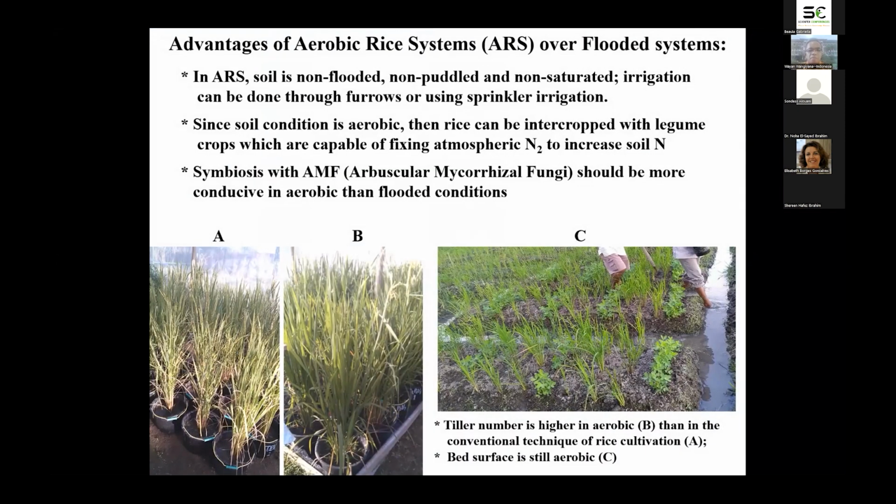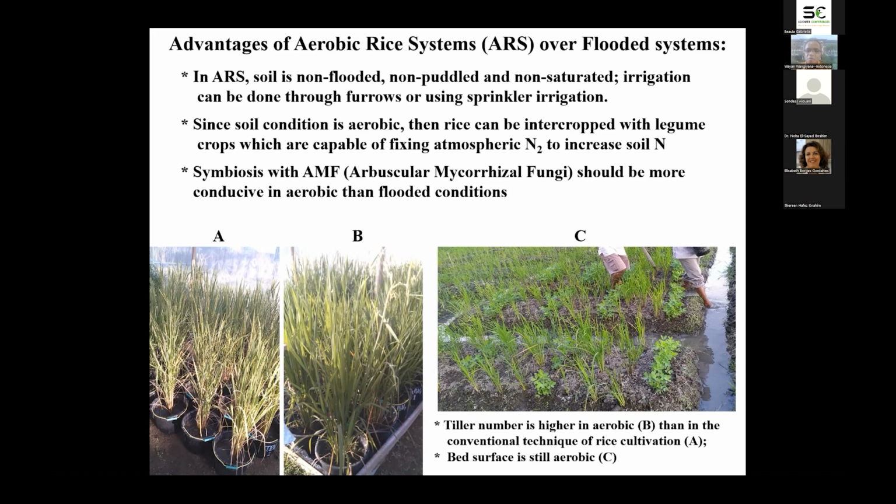I'll talk a little bit about intercropping rice in an aerobic irrigation system. We grow rice on a rice bed, so it's not flooded. It's not flooded.